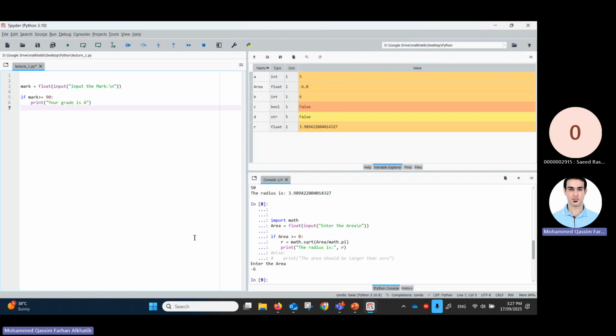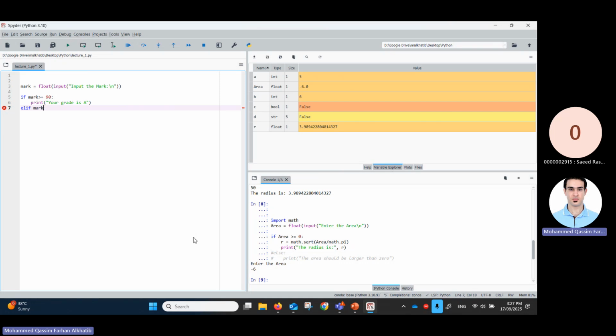I'm done with this part. I will check the other case. Is it else? No, elif. Let's go back. Now we see elif. The moment you see the color is blue, that's a keyword in Python. So we are fine. Elif, and when you hit enter, it immediately did the indentation.